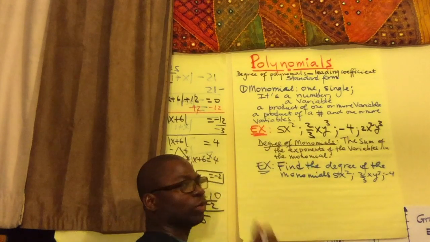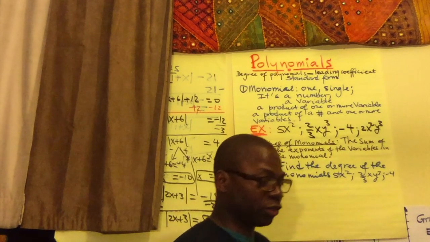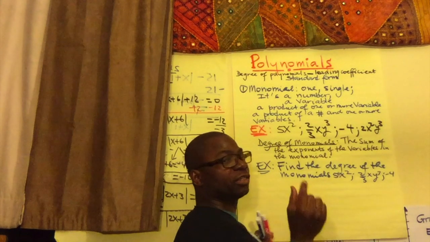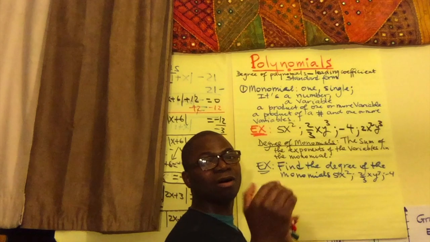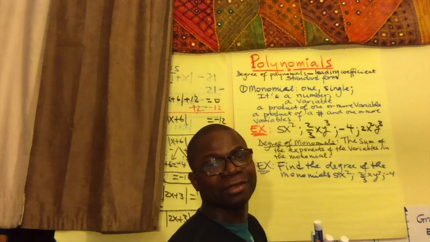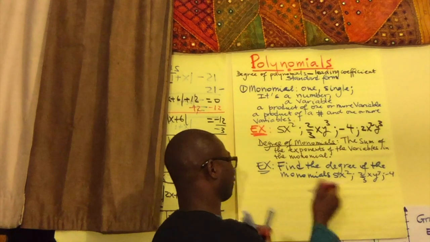So let's do the first one. If they're asking us to find the degree, which will be on your quiz and on your test, we've got to remember what the definition says. The definition says it is the sum of the exponents of the variables.